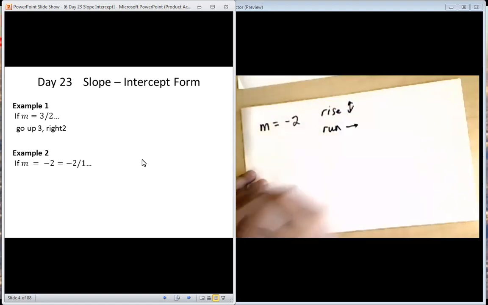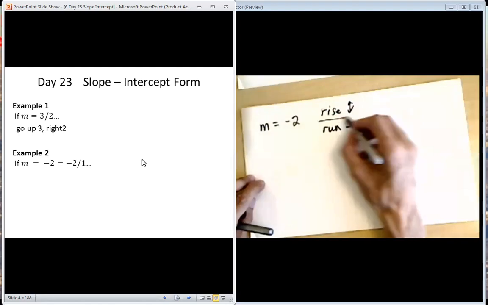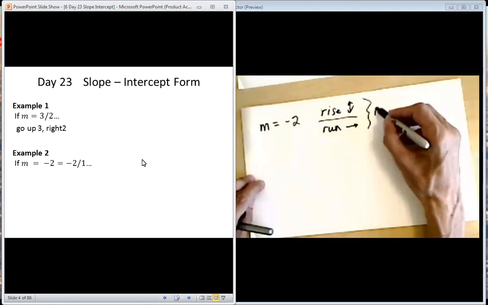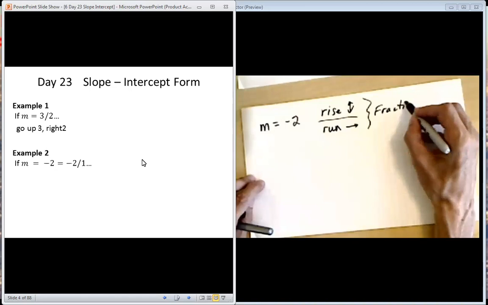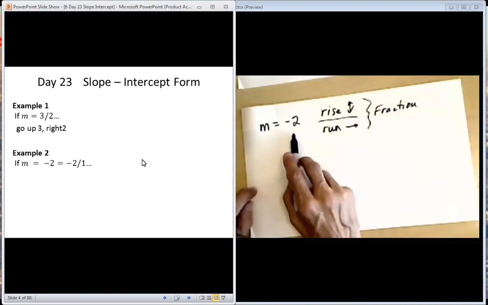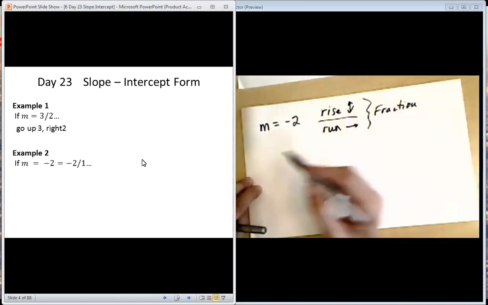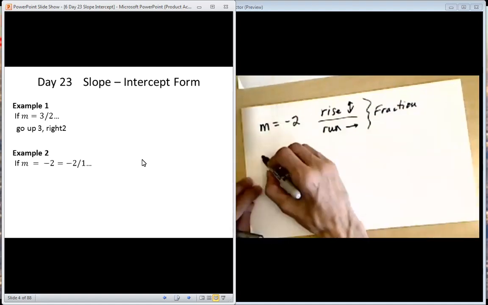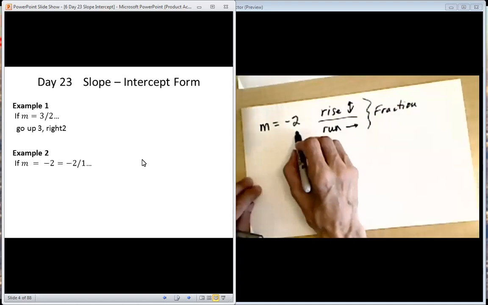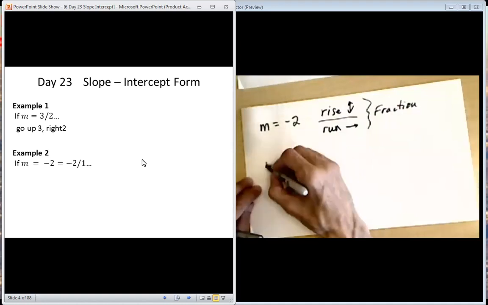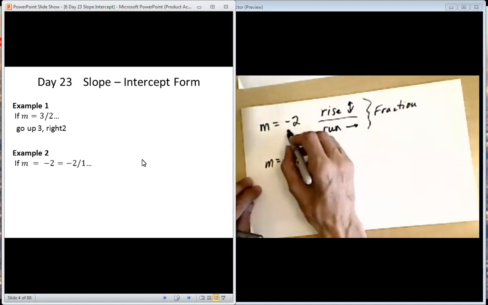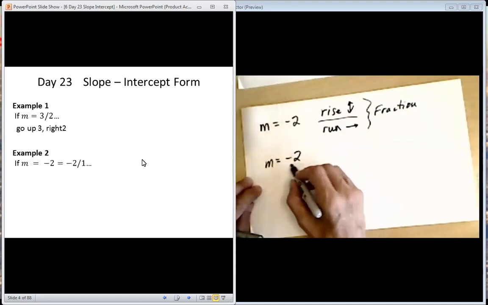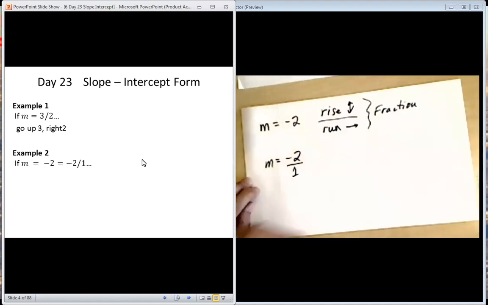That's the x part there. So you need to have a fraction, right? Not just a single number. So how does that happen? Well, you just got to remember that there's an invisible 1 underneath when you have a number like this. So m equals -2 is the same as -2 over +1, like that.